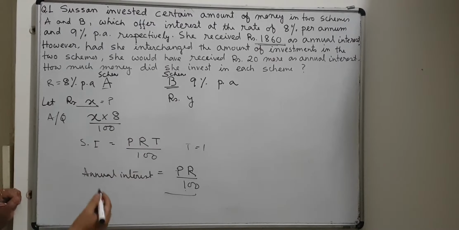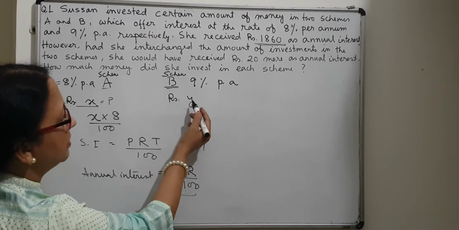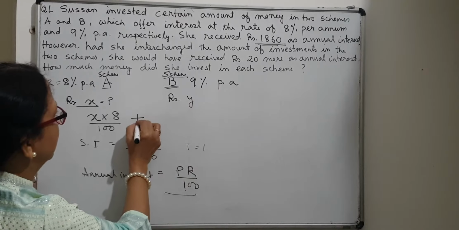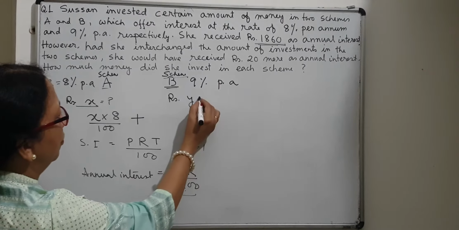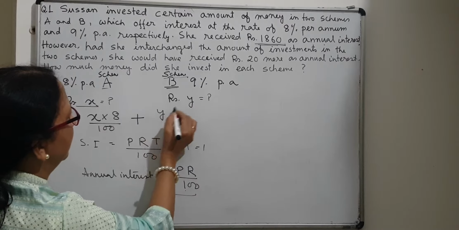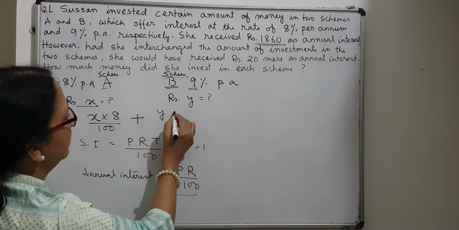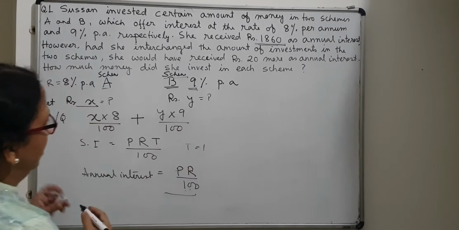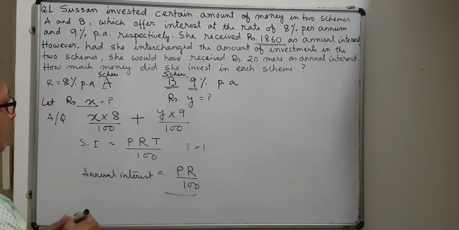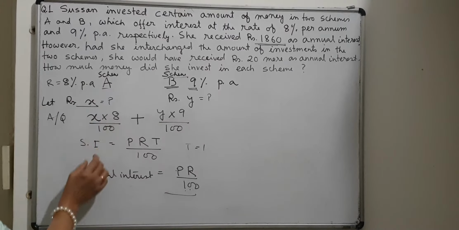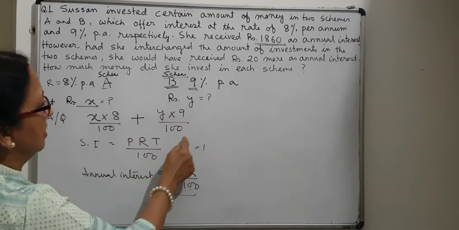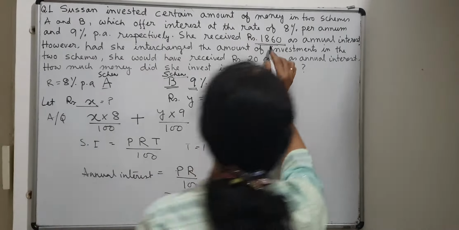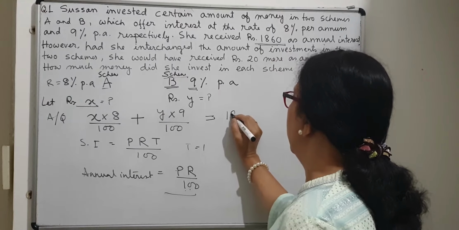And the annual interest from scheme B, which I have to add, will have P as Y and rate of interest R as 9, so Y into 9 upon 100. This is the annual interest from scheme A and this is from scheme B. The total, according to the question, is 1860. She received 1860.